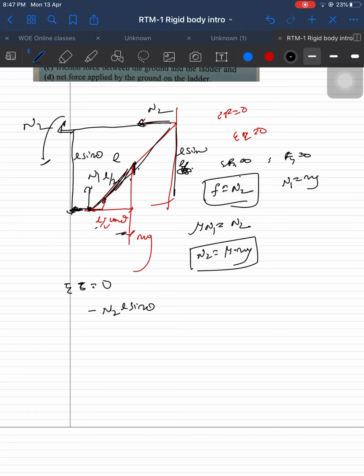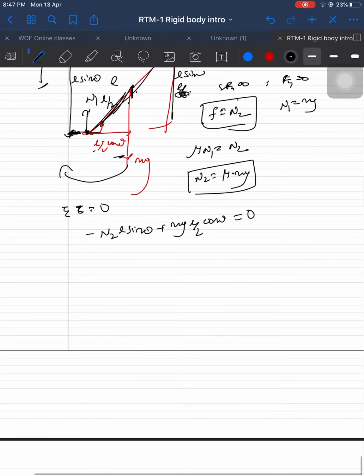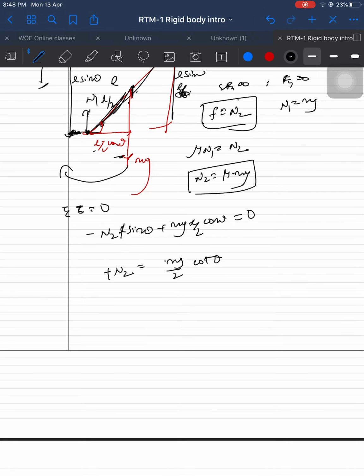It goes in the clockwise direction, so mg into L by 2 cos theta. Net torque is equal to 0, and L gets cancelled. Minus N2 is equal to mg by 2 cos theta by sin theta, which is cot theta.